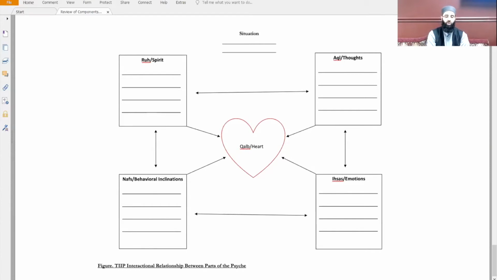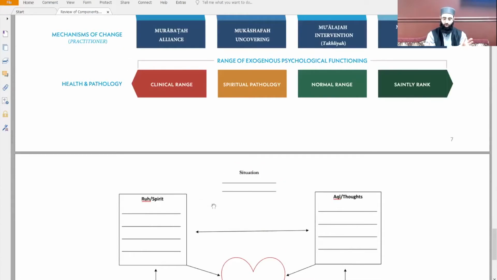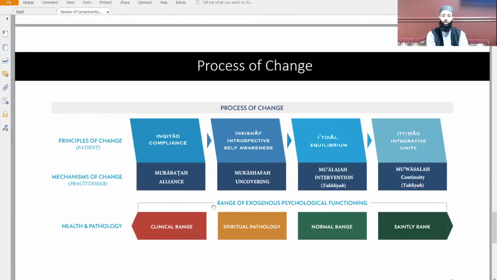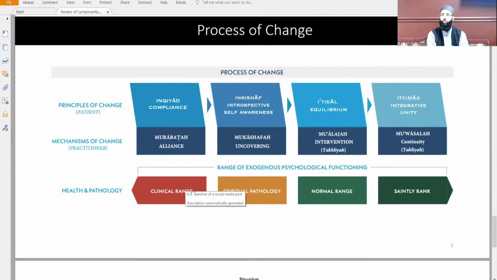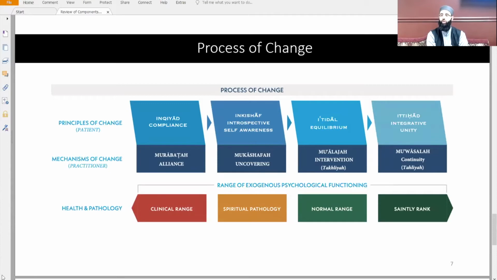This whole chart is our mechanisms, or rather process, of change. We've talked about the conceptualization of the individual, but what are the broad principles and mechanisms of change? And this is listed in a stage-wise fashion.